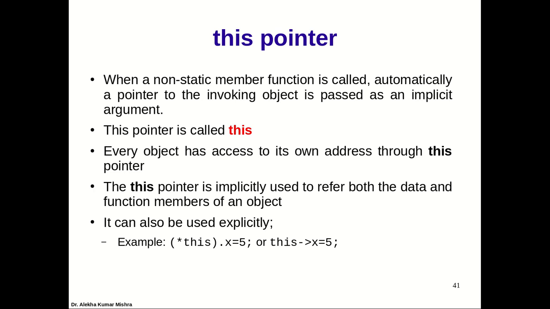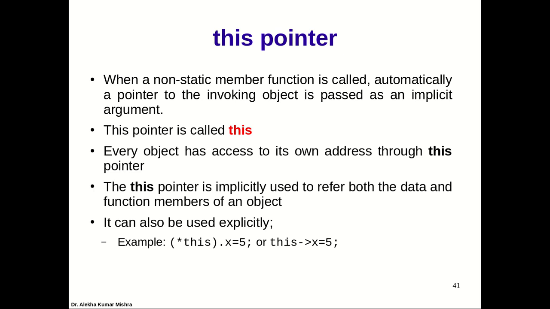Instead of writing the member directly, how do we distinguish that this is a data member of a particular object and this is simply a local variable? Because they look like local variables.